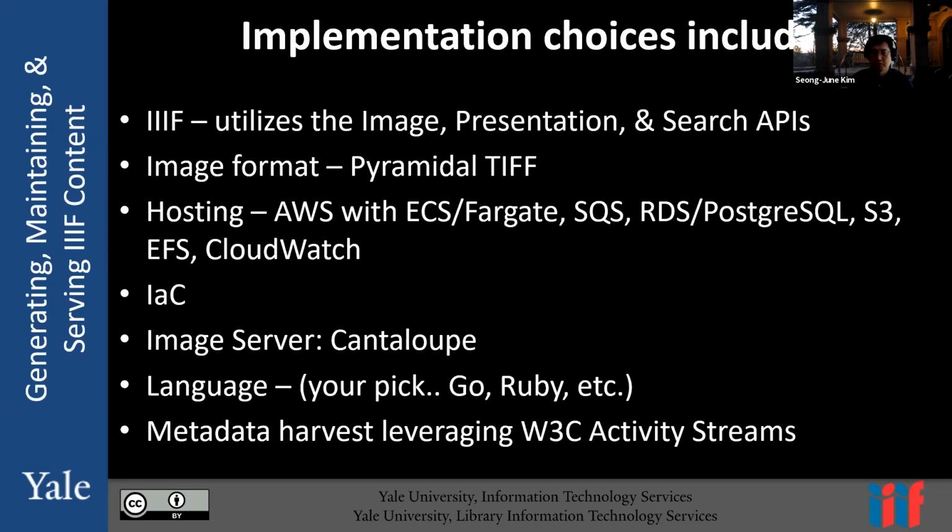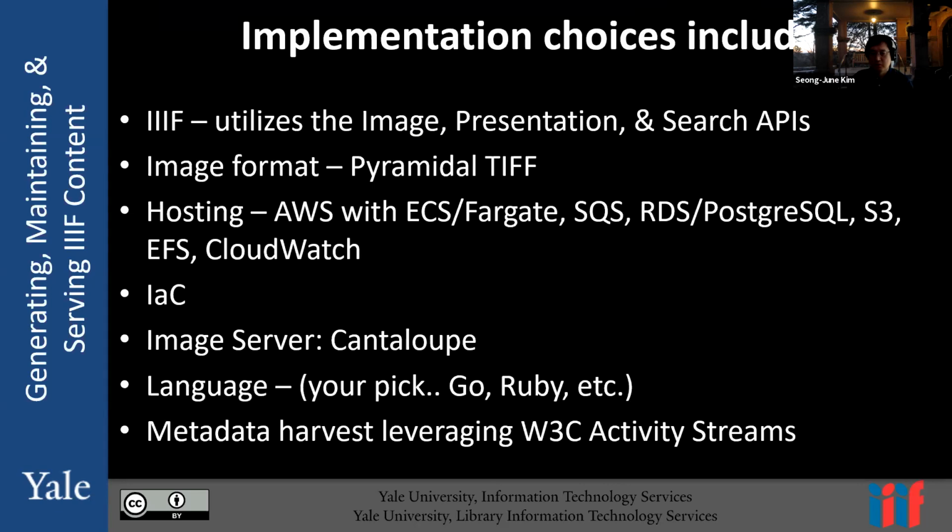And for hosting, we use extensively the AWS cloud with, throwing out names here, ECS, Fargate, SQS, RDS, S3, EFS, CloudWatch. And also infrastructure as code, such as Terraform in the museum's case and custom tools at the library. And for the image server, we use Cantaloupe.